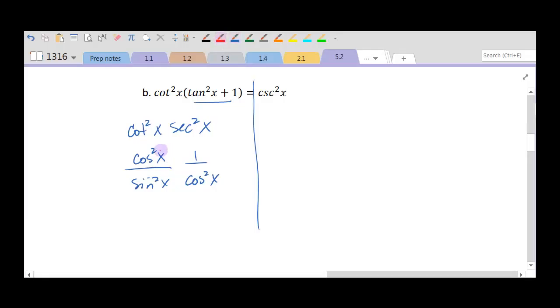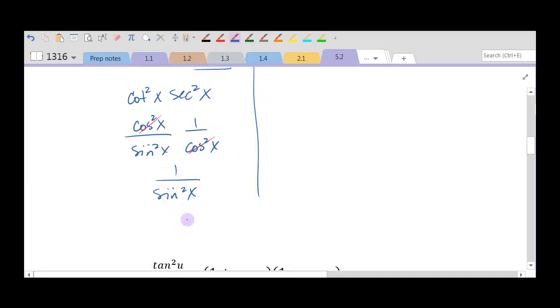Now what that does for me is it allows these diagonal cosines to cancel, leaving me with 1 over sine squared x, and 1 over sine squared x is cosecant squared x, which is what I was trying to show.